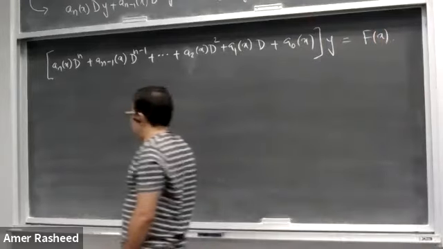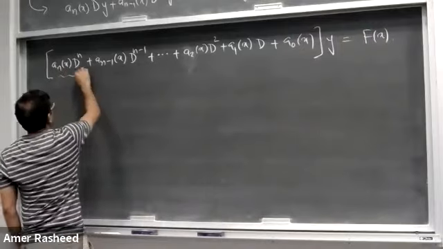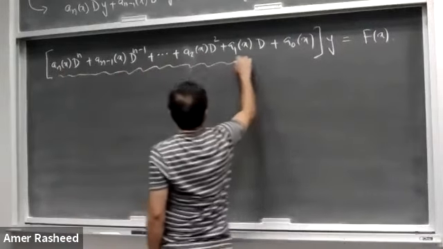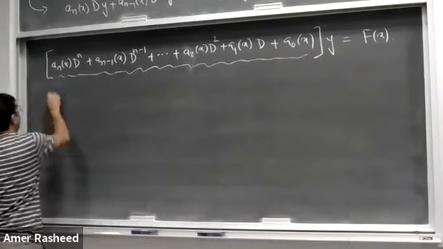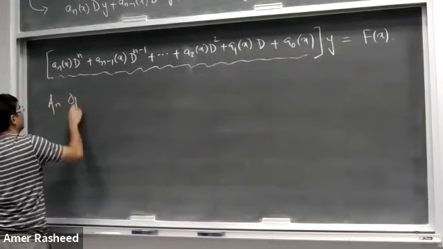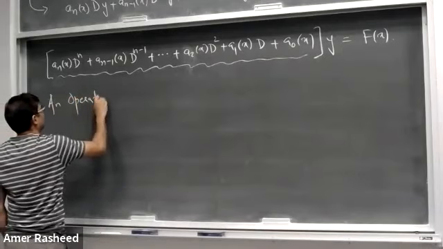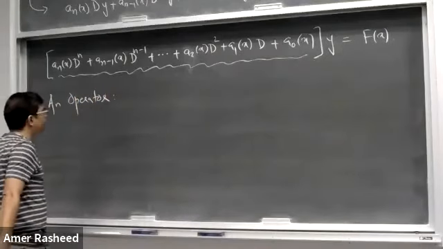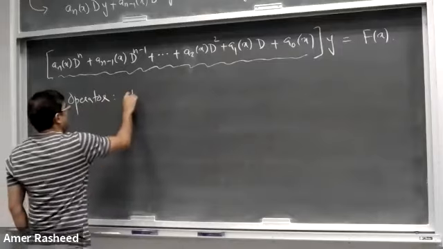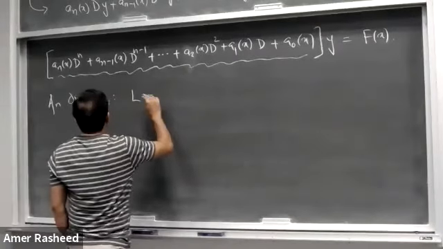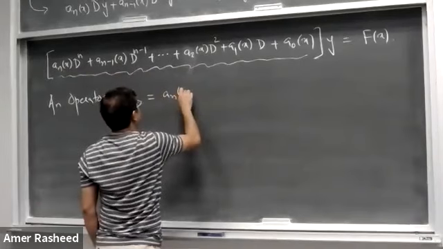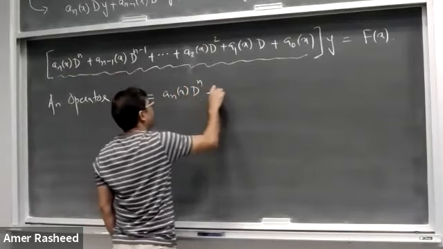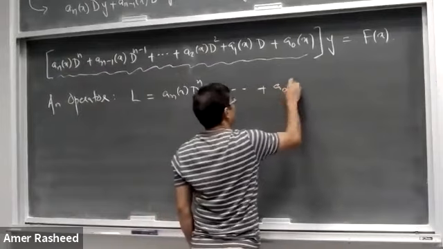Now, if we assume that this whole term is an operator, we call it L. L is this whole thing: an of x Dn plus so on plus a naught of x.